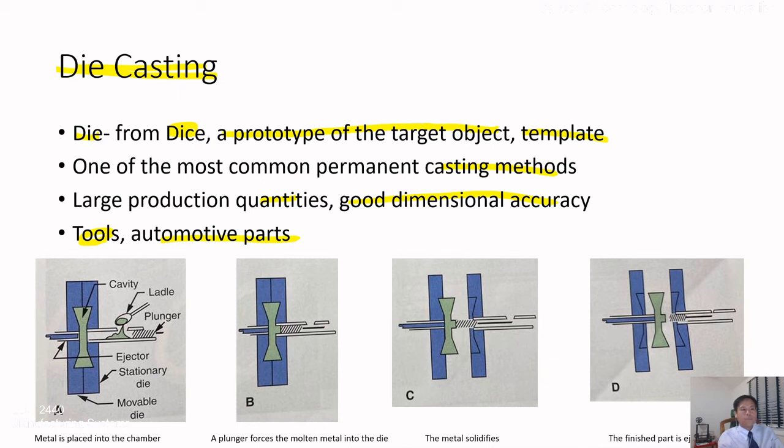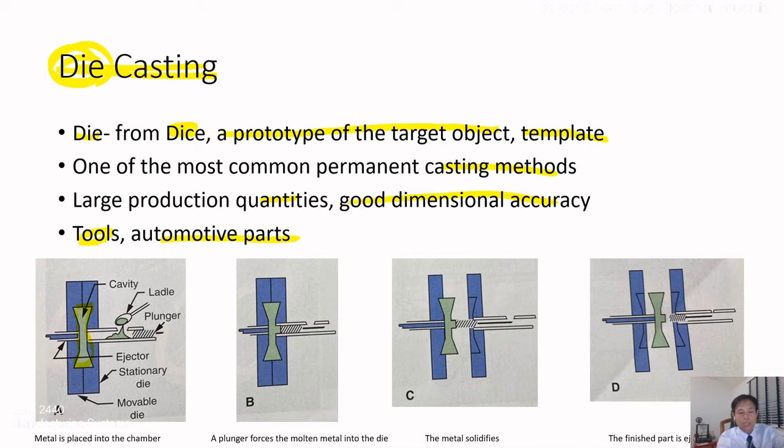If you're a designer and you designed a product, and your design is tested, and you want to produce a large number of the product, then your next job is creating a die. Die is a template. This is a die example. You need to create a die, and the die is a template.